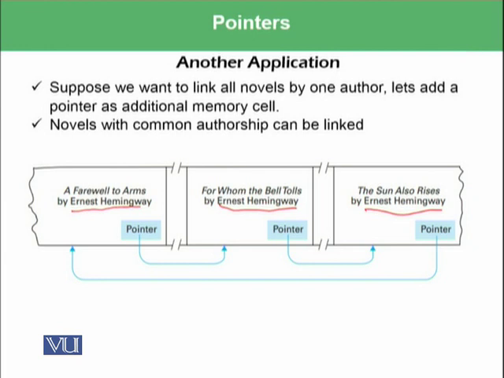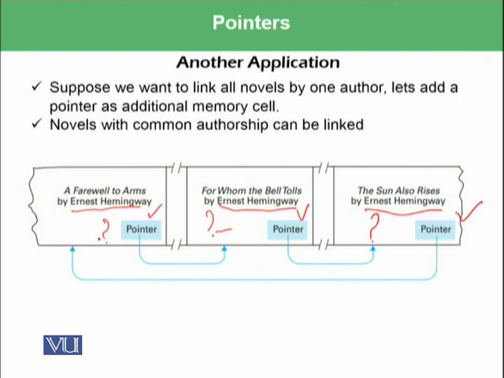in the RAM independently. So now let's put a pointer within each novel. So we want to link all novels by one author. Let's add a pointer as an additional memory cell, and within that pointer let's store the address of the next memory. So this pointer is storing the address of this one, this pointer is storing the address of this one, and this pointer is storing the address of this one.